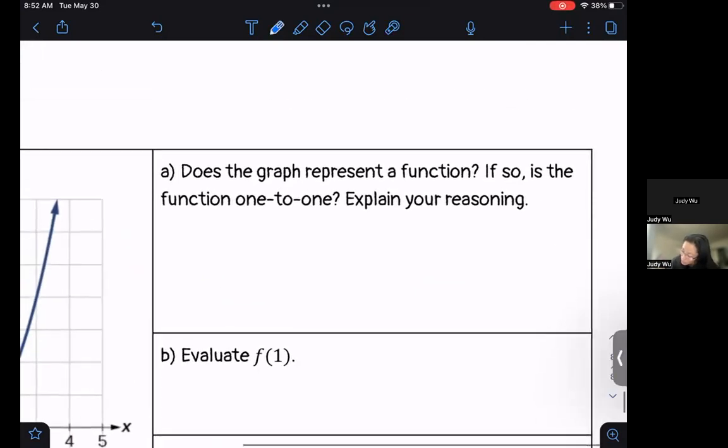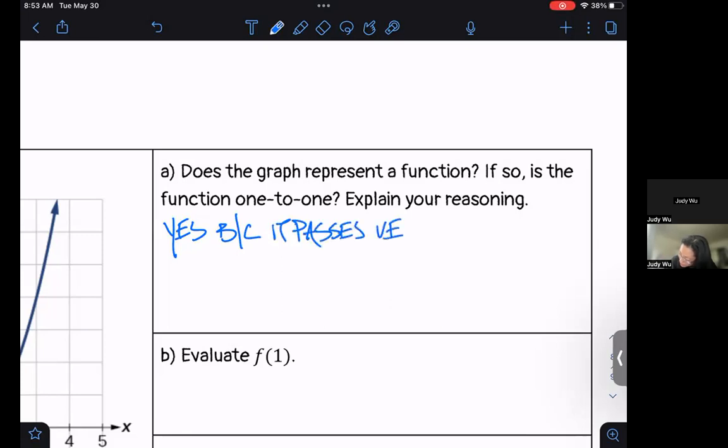All right, so does the graph represent a function? Excuse me. Yes, it is a function. Right, yes, because it passes the vertical line test.